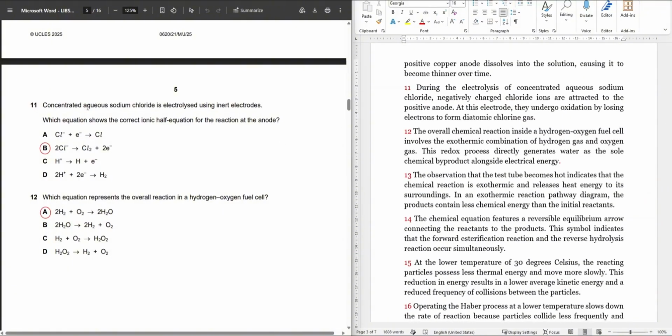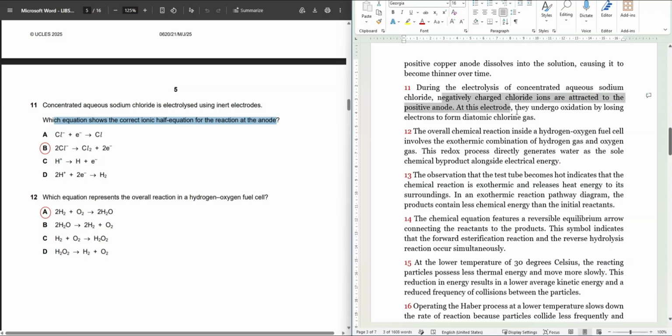It says a concentrated aqueous solution of sodium chloride is electrolyzed using inert electrodes. Now, which equation shows the correct ionic half equation for the reaction at the anode? We have been given 4 choices, where our correct answer is B. The explanation is that during the electrolysis of concentrated aqueous sodium chloride, negatively charged chloride ions are attracted to the positive anode.